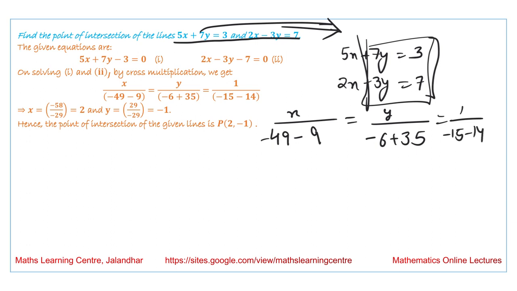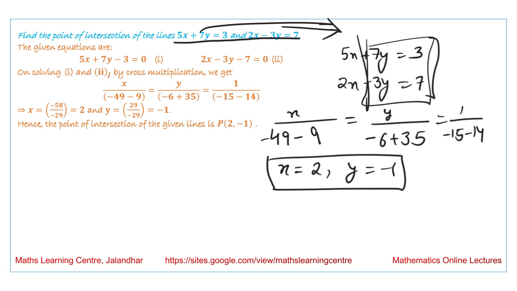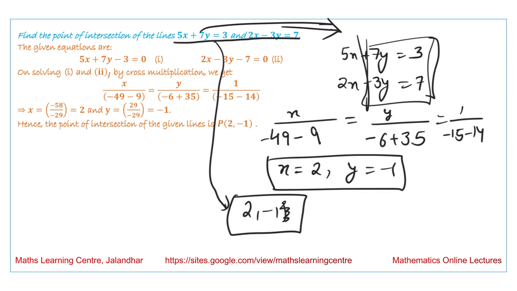We are using cross multiplication over here. You can use any method of your choice to solve these equations. So we obtain x is equal to 2 and y is equal to minus 1. So the point of intersection of these two lines is 2 comma minus 1.